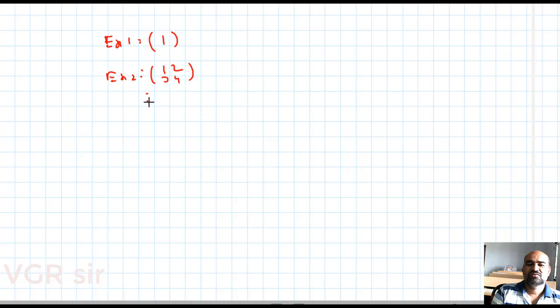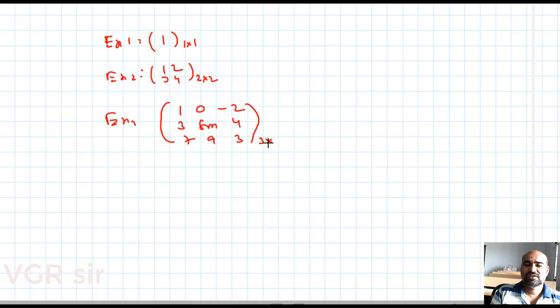Example 3: 1, 0, minus 2, 3, sin x, 4, 7, 9, 3. This is 1 by 1. This is 2 by 2. This is 3 by 3. These are our square matrices.